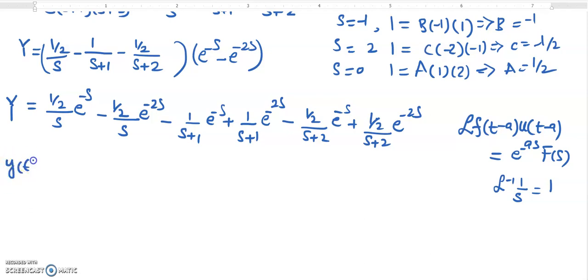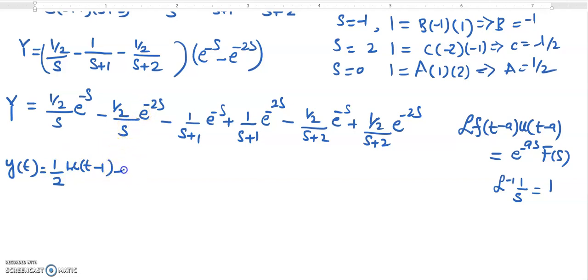So y of t in this case will be 1 over 2, and then for 1 over s it is 1. Because it is multiplied by e power minus as, a is equal to 1, so f of t minus a is 1, and u of t minus a will be u of t minus 1, so 1 into u of t minus 1 is u of t minus 1.